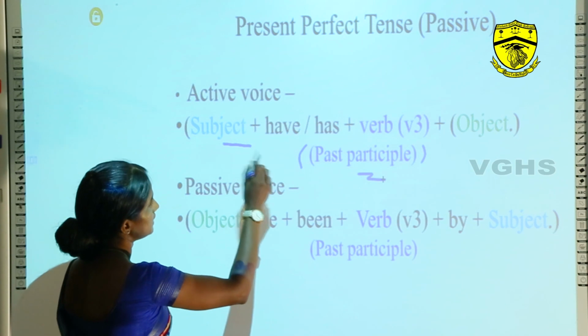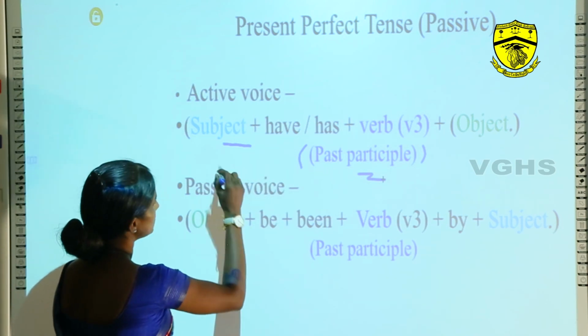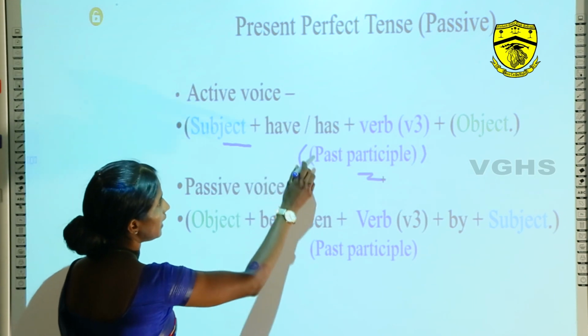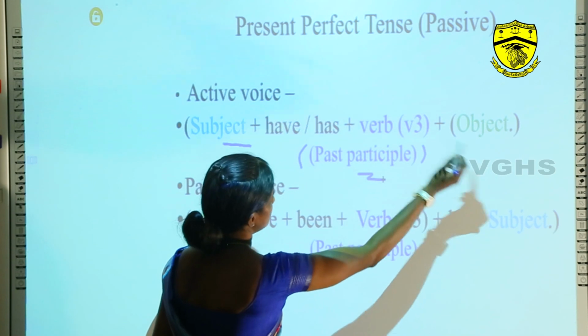In these active sentences we can notice subject, have or has, plus verb past participle, then object.